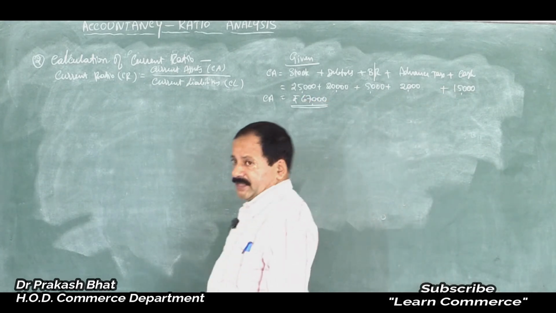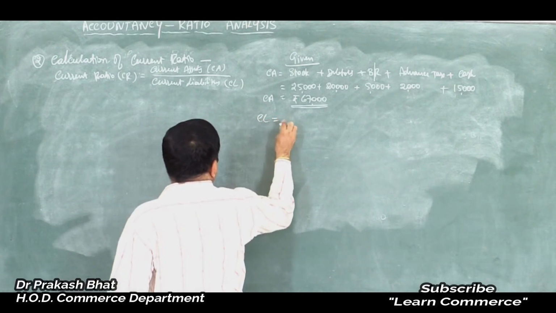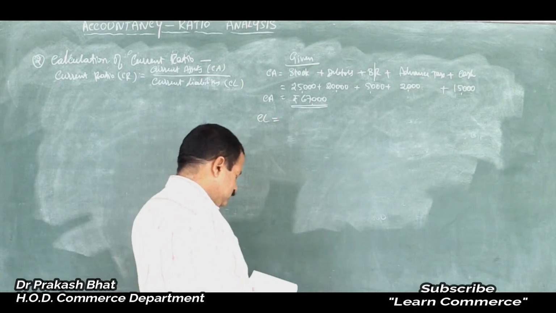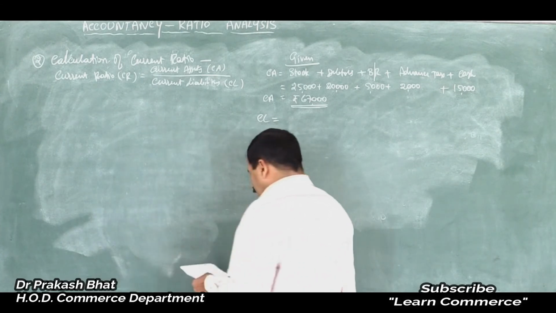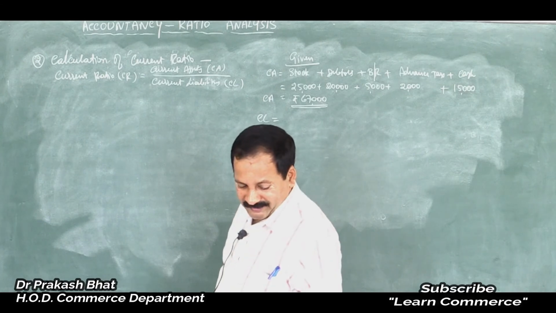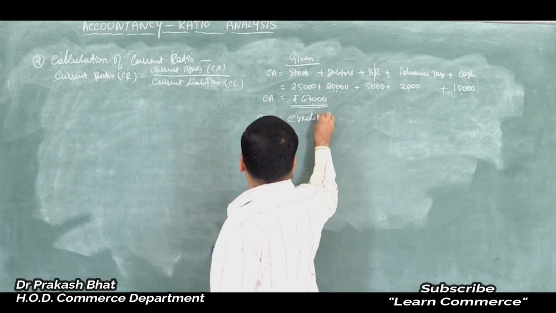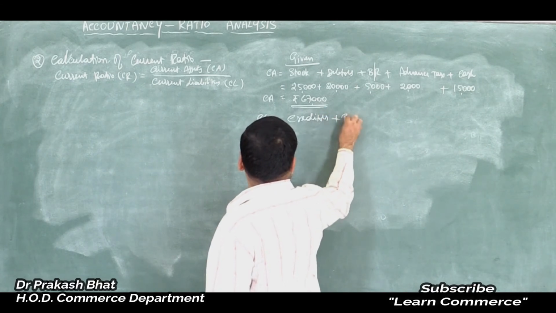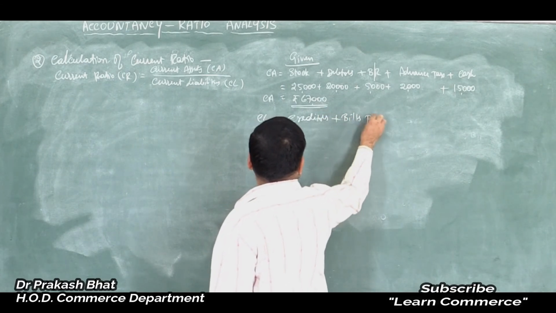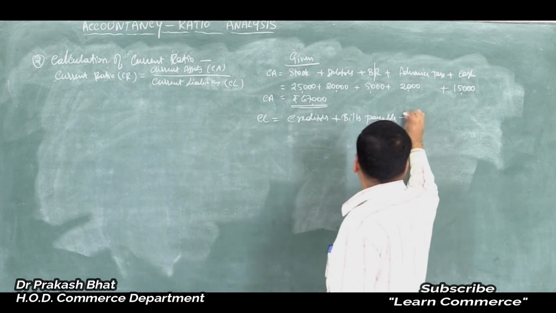Now we got CA. Now let us calculate CL. CL is equal to creditors, bills payable and bank overdraft. Only 3 items are there, right? Creditors plus bills payable plus bank overdraft.